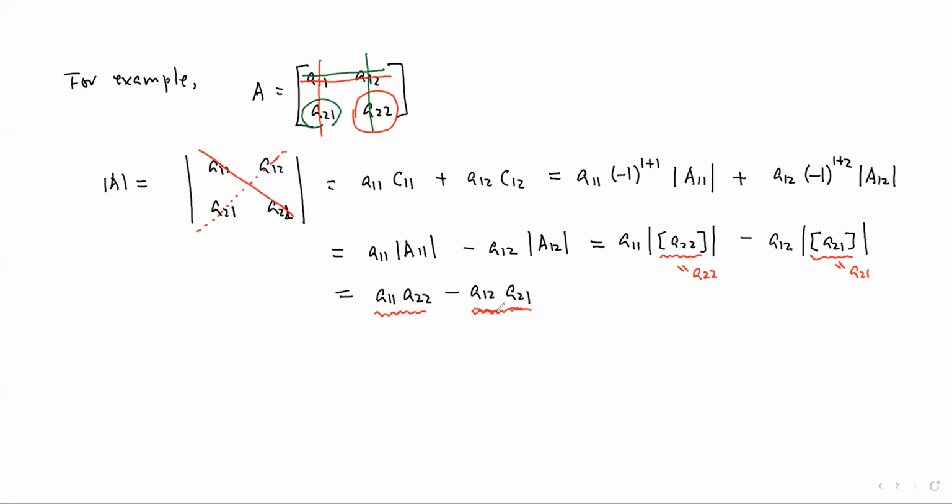As a second example, consider this 3 by 3 matrix: 1, 2, 3, 4, 5, 6, 7, 8, 9. And I want to compute the determinant of this 3 by 3 matrix.